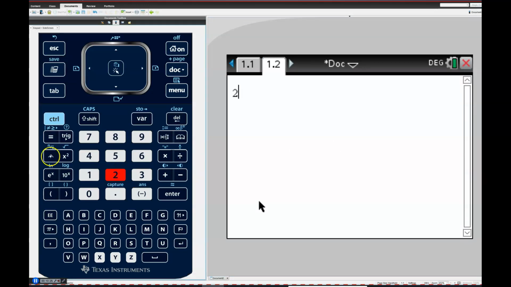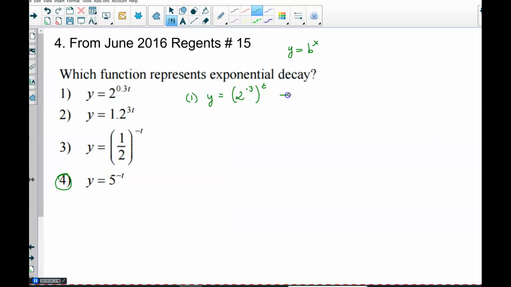type in 2 raised to the power of 0.3, and you can rewrite that other function as y equals 1.231, approximately, raised to the power of t. So you can see that that would be growth. For part 2, you would do the same thing.